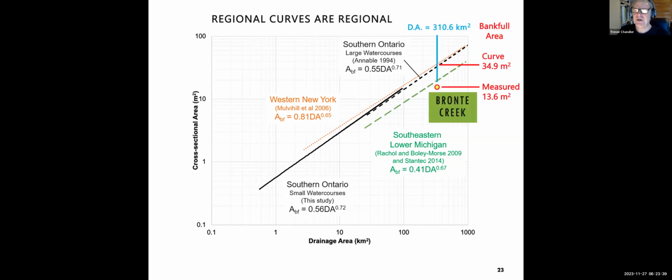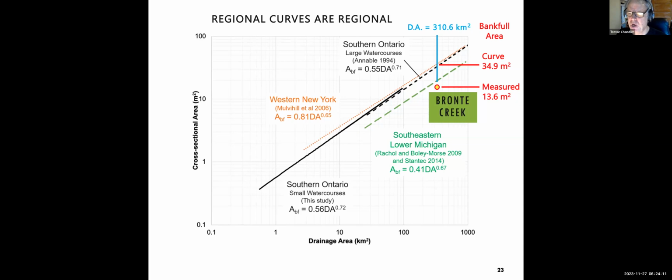And just as a footnote, getting back to why bedrock in a channel is important: if there's bedrock in a watercourse, bedrock, as you know, inhibits erosion. The channel has enough energy to get so big, and then the bedrock seems to prevent it from getting beyond that. So this was a curve point that was measured in Bronte Creek, which is a bedrock controlled watercourse in southern Ontario.